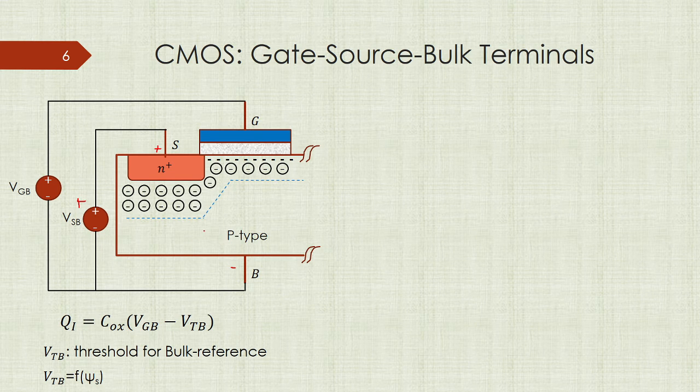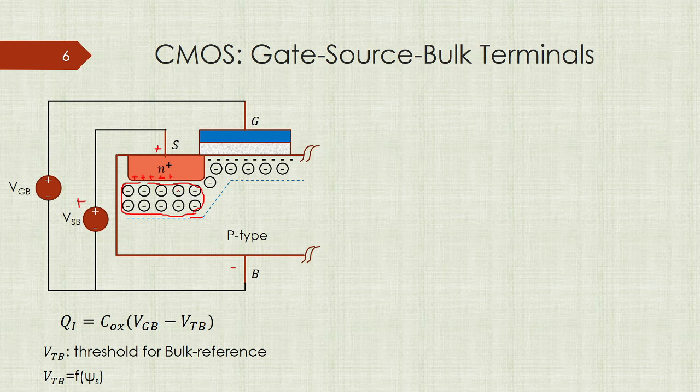Since the p-type has a low doping concentration, the depletion region will be greater there, while in the n-type semiconductor, since we have a higher concentration, the depletion region will be almost negligible. Here we can have positive charge, but it is almost negligible. So we generate this depletion region close to the source.